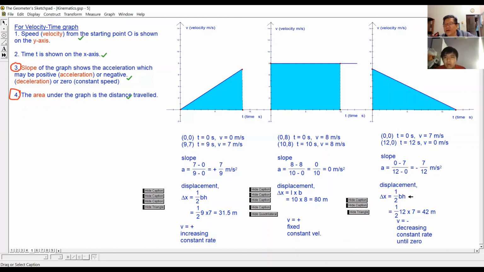Correct. So the distance covered during this deceleration is 42 meters. The unit must be meters, because the unit here is meter.